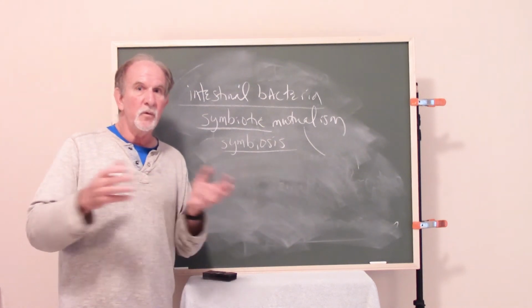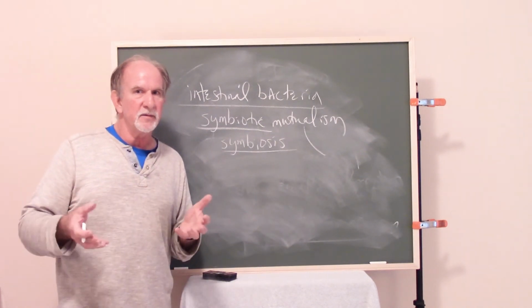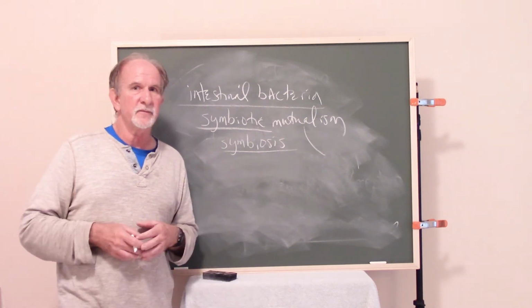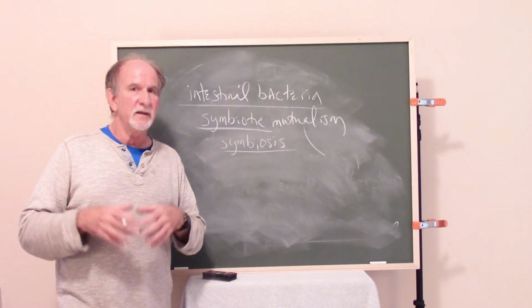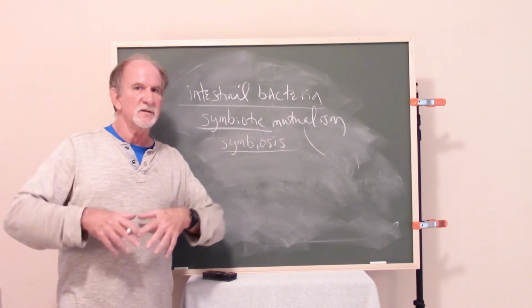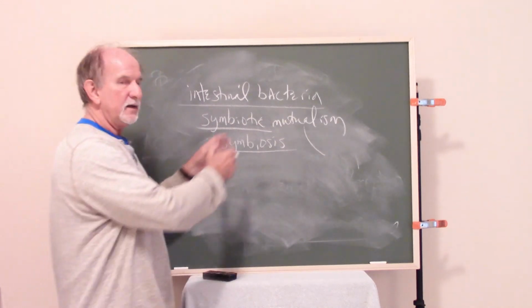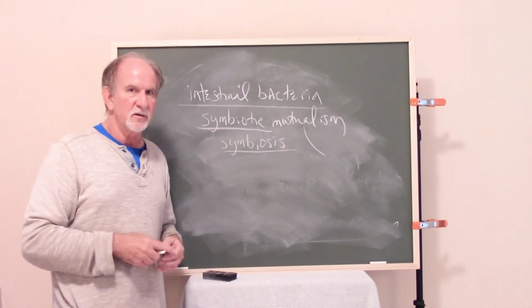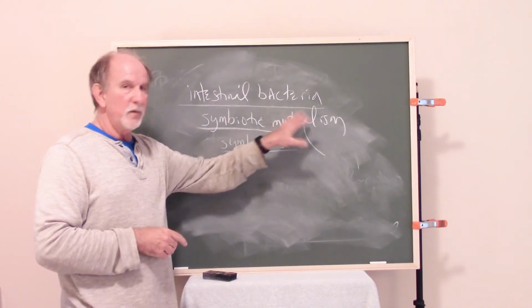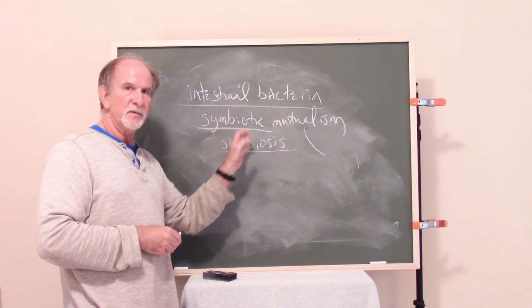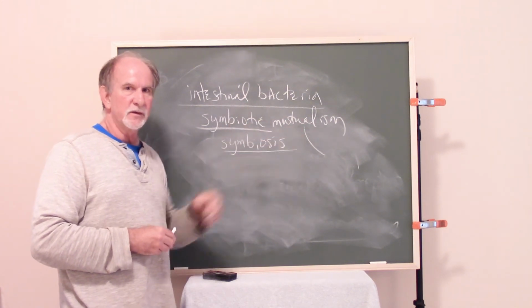In other words, we benefit the bacteria by giving them a good living situation where they thrive and have food to eat and can reproduce and literally populate our intestines by the trillions. And we'll talk about a few ways in which we benefit from the intestinal bacteria. So we benefit and they benefit in this close relationship, and that's why it's called a mutualism.